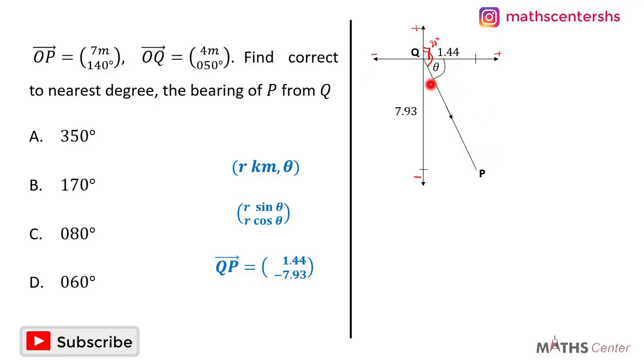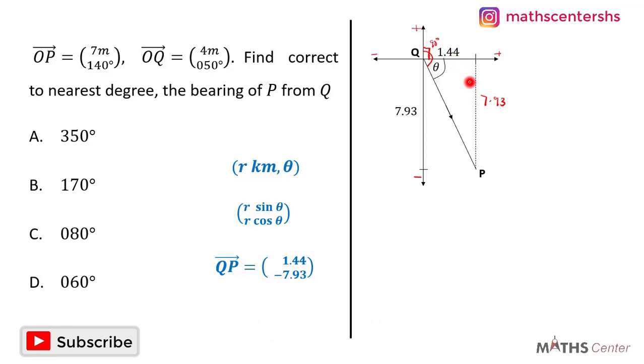We know that the distance from this point to this point is 1.44, and the distance from this point to this point is 7.93. So it means from here to here is also 7.93. What we have here is a right-angled triangle. 7.93 is opposite to theta, and 1.44 is adjacent to theta. So we have opposite and adjacent.